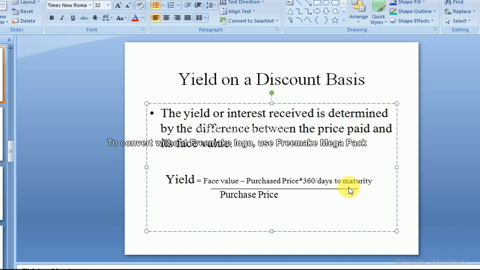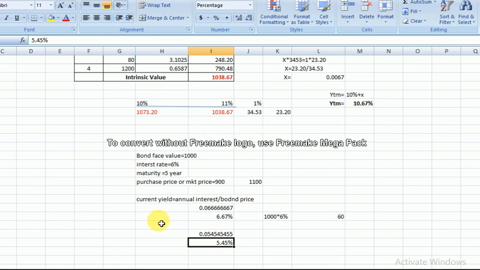Look, I'm explaining this concept with a practical solution, so we will go to our Excel sheet. Here, in the same question, the bond face value is 1000. The interest rate here is 6.75.